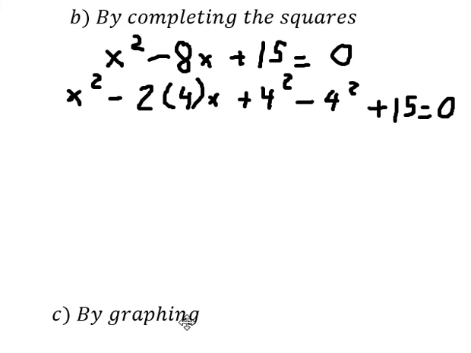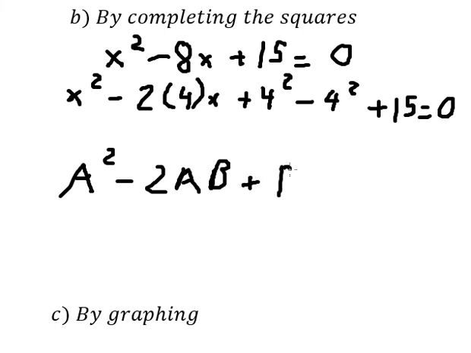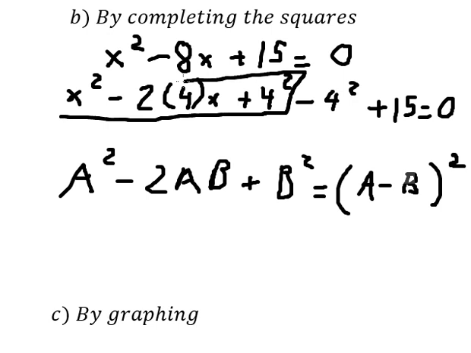So we know that we have a square minus 2ab plus b square equals to a minus b, everything to the power of number 2. So this one in here we can transform into this one.